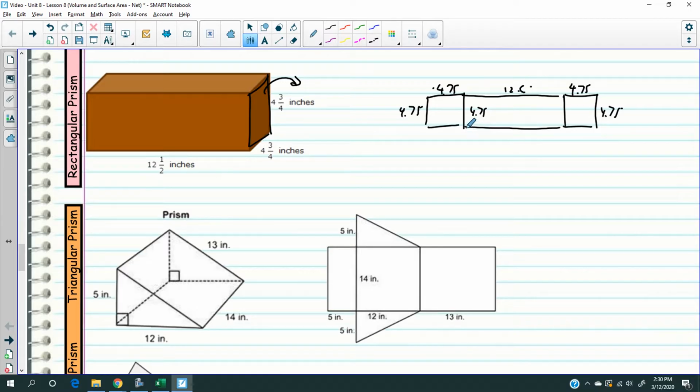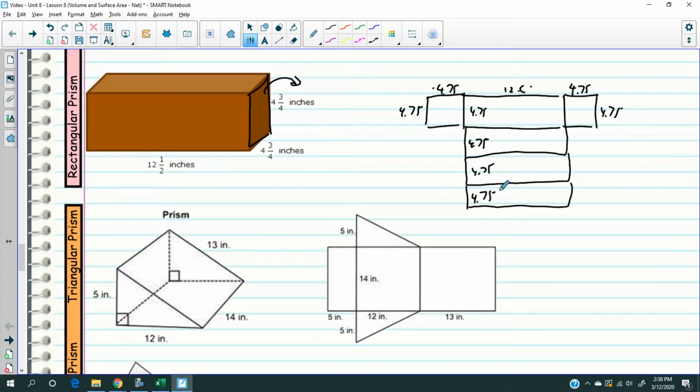I'm just gonna roll 3 more sides out. So again, 12.5 by 4.75, another side, 4.75, one last one, 4.75. There you go. So we got our 6 sides.